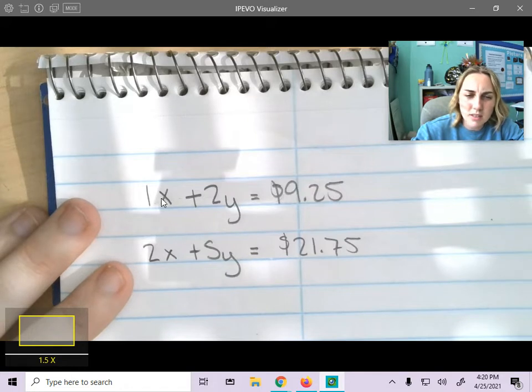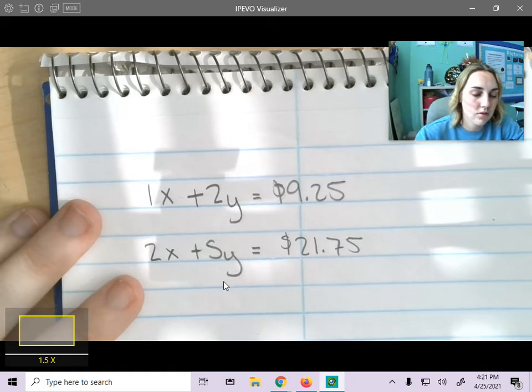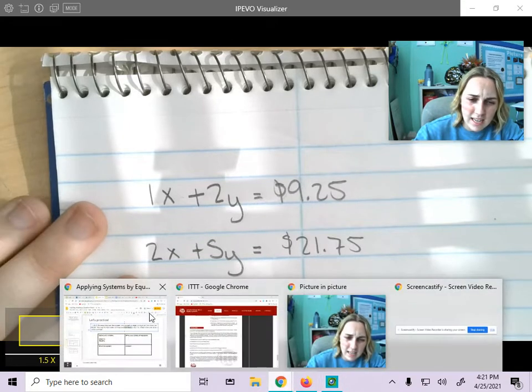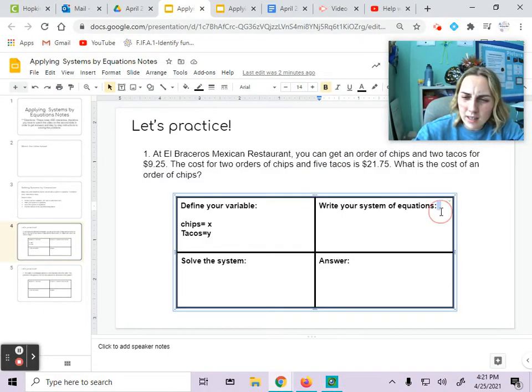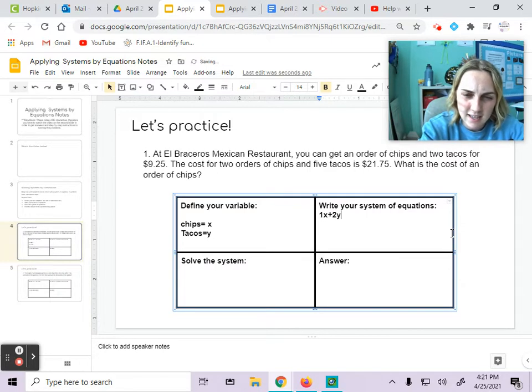So here are my equations. 1 order of chips plus 2 orders of tacos is $9.25, and then 2 orders of chips and 5 orders of tacos is going to be $21.75. So cool. I have my equations. So I'm going to write them out right here. So what I'm going to do is I'm going to click the end of this, click the enter button, and then you can say 1x plus 2y is equal to 9.25.